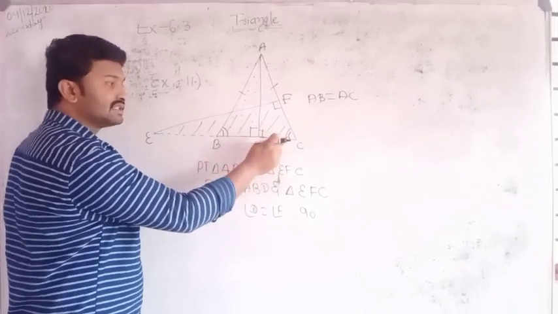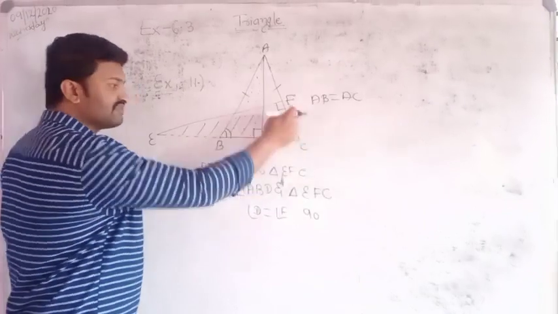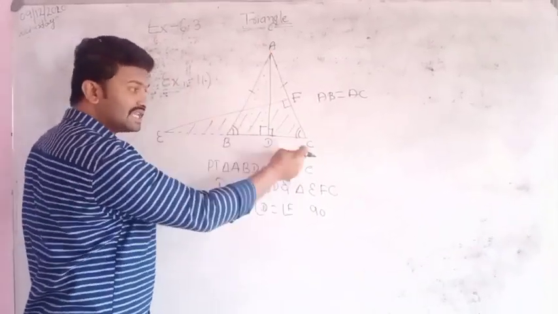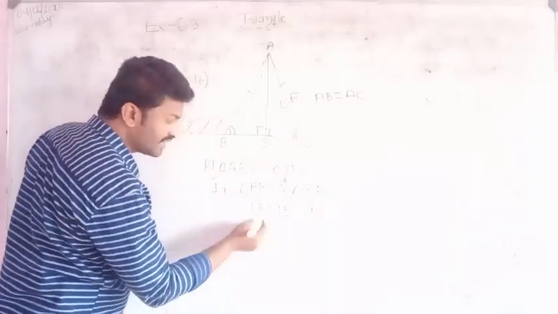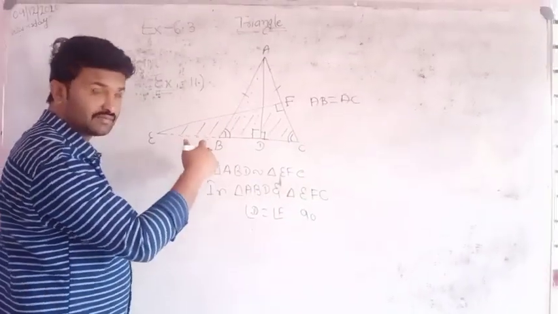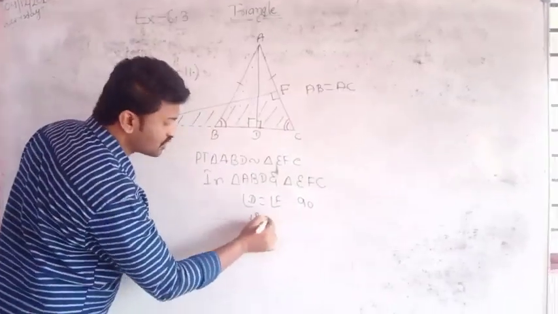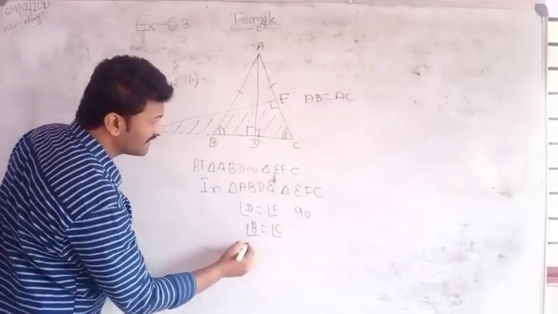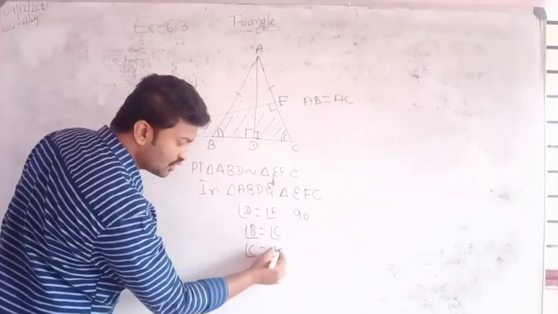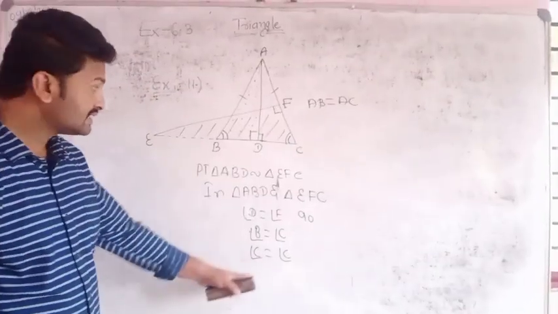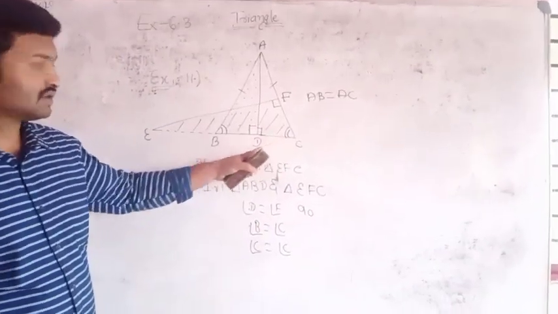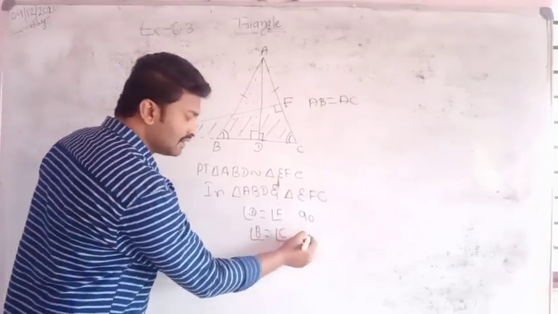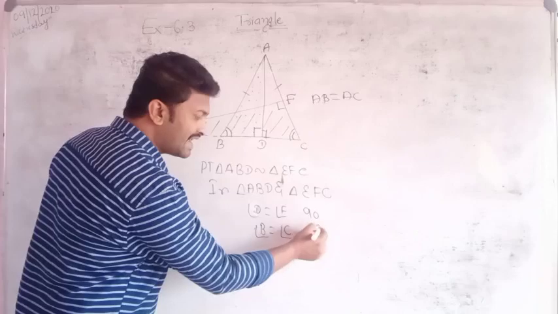Therefore, angle C is there in EFC, and also this C is there in ABC. According to the isosceles triangle, angle B equals angle C. We can write angle C equals angle C also. C is common, or we can write angle B equals angle C.